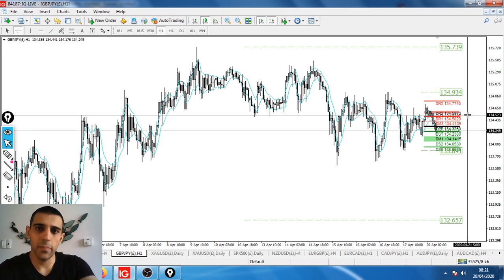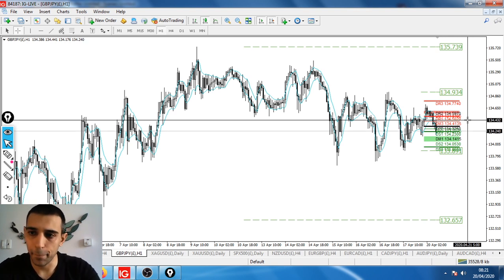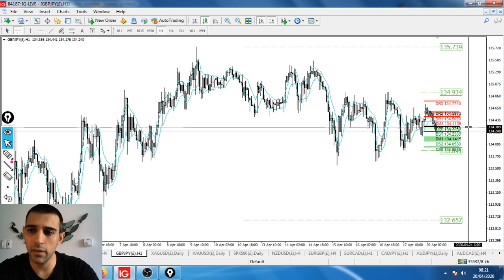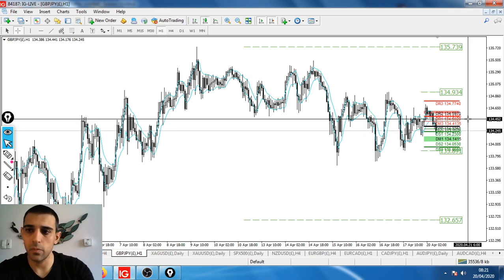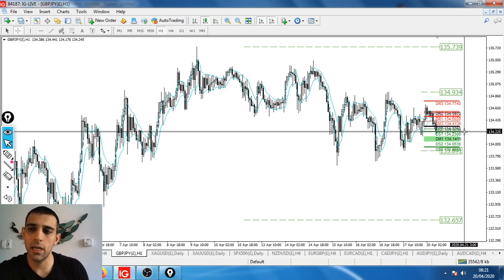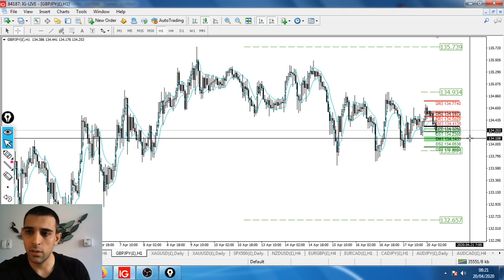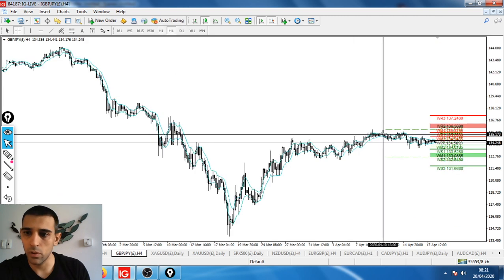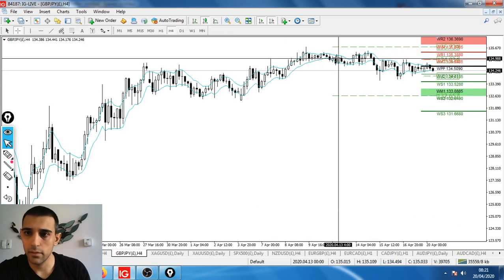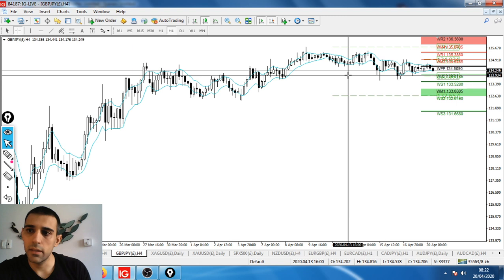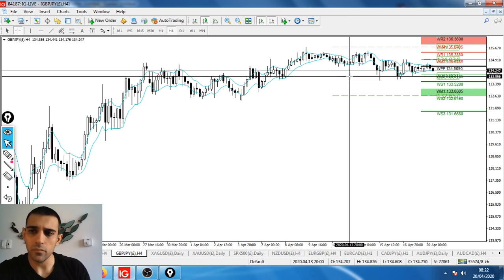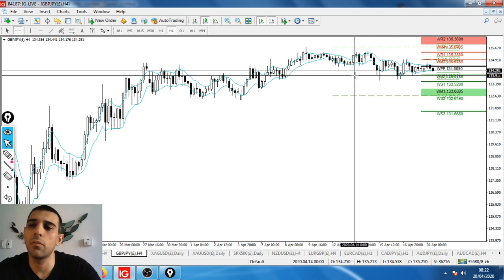We're looking for a 20 pips stop loss on this one. So we enter at 134.30 with a 20 pips stop loss, and we're going to run it down to, as I mentioned earlier, 133.85. So we're looking at 55 pips, risking 20.